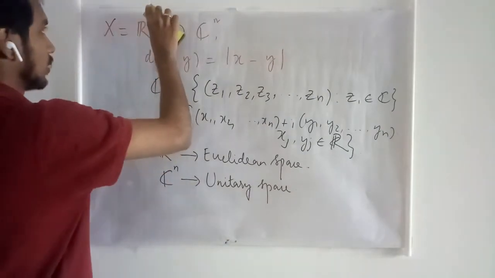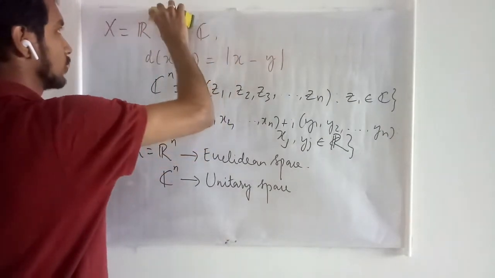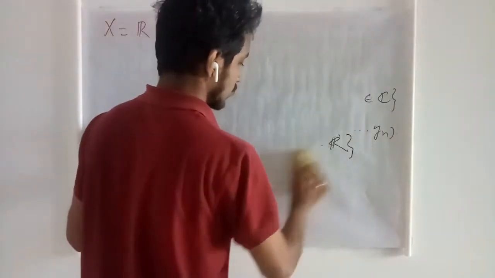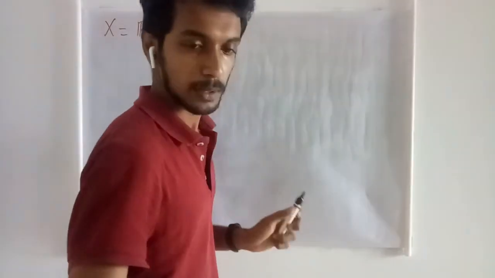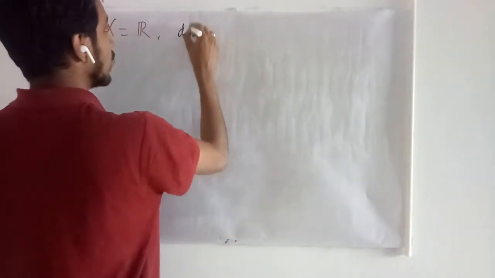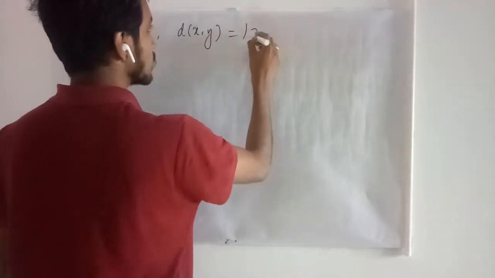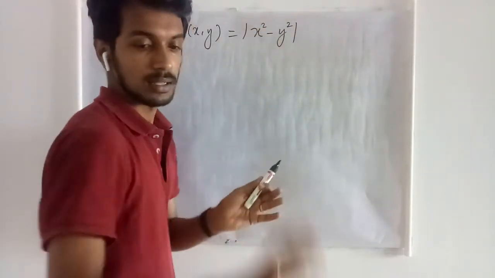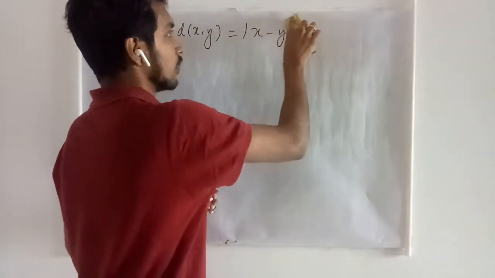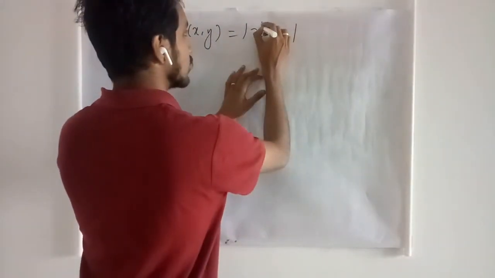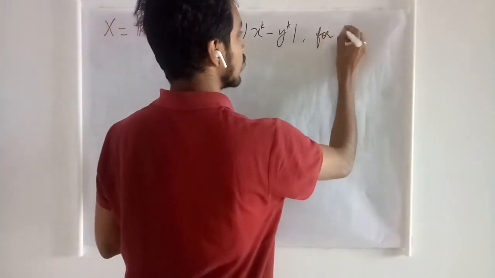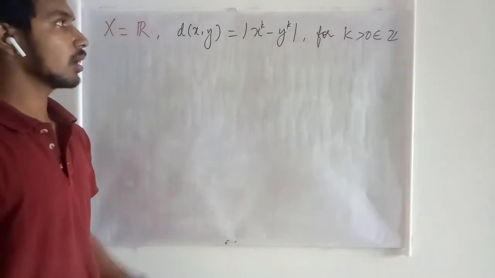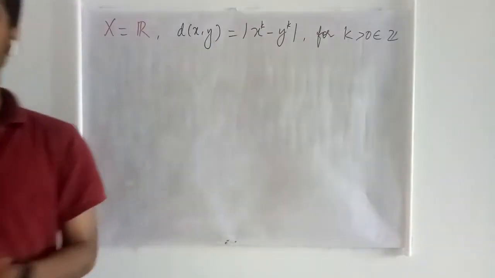Now we are going to restrict our case to something, that is, on R we are going to talk. On R, when you define a metric in the form absolute value of x minus y, we have proved this is a metric, and we have also proved the other one as a semi-metric. And when you have something like this for a positive integer k, what is it going to be?